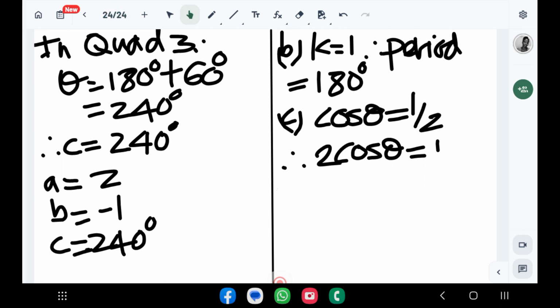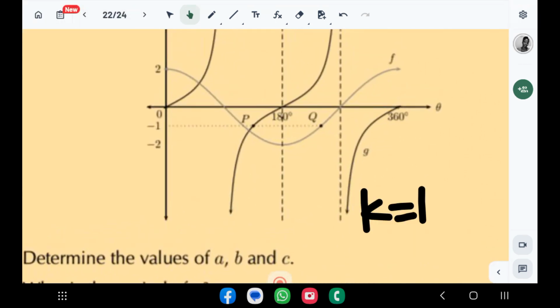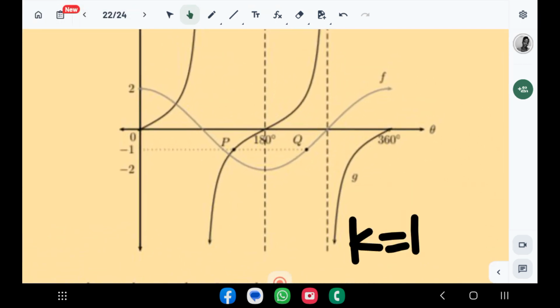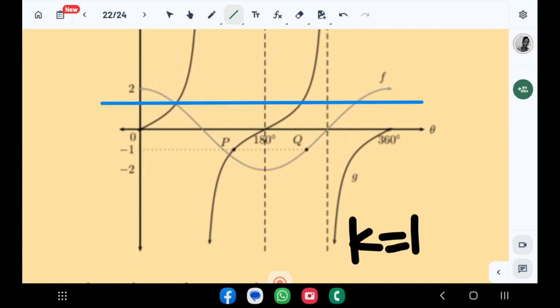In other words, we're looking for where this graph of cos theta equals 1 on this point. Let's reduce the thickness. We're looking at those points. Notice that you've got 2 points, this point and that point, and we need to figure out exactly what those points are, and we'll use the reference angle to figure that one out.